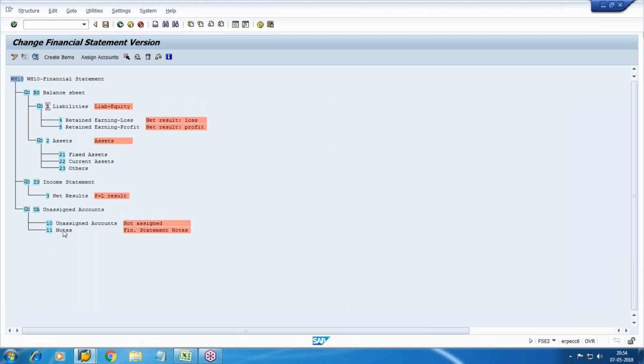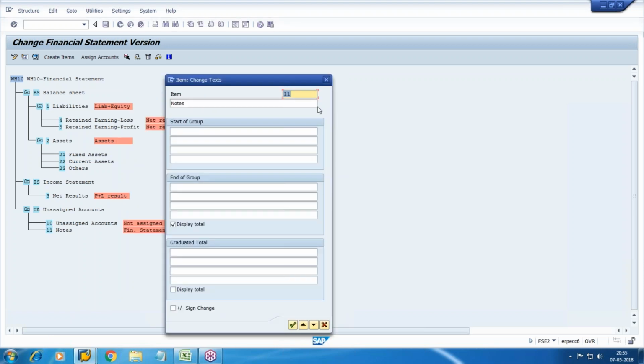Let's change it first. Eleven 12 if I will take.